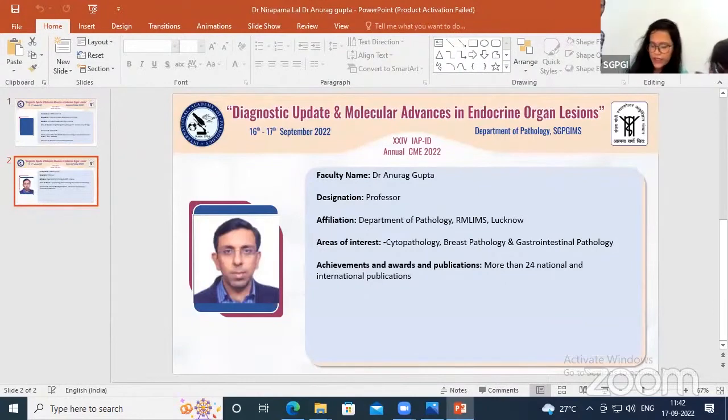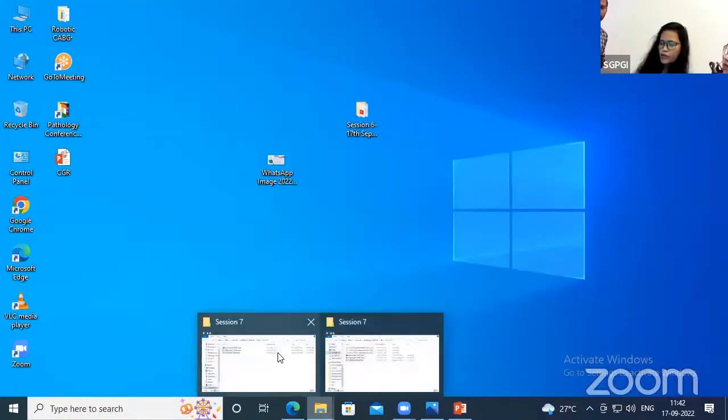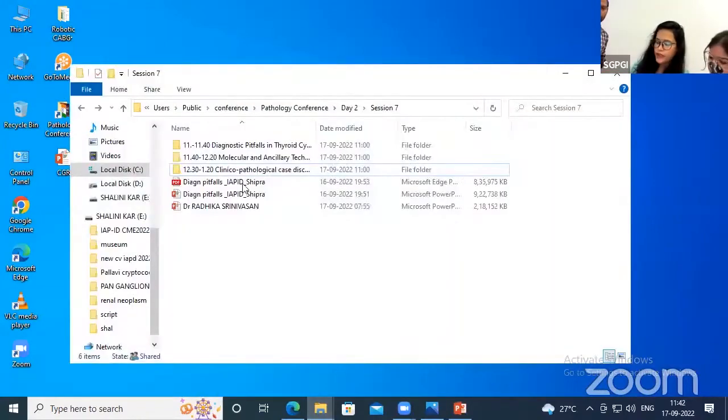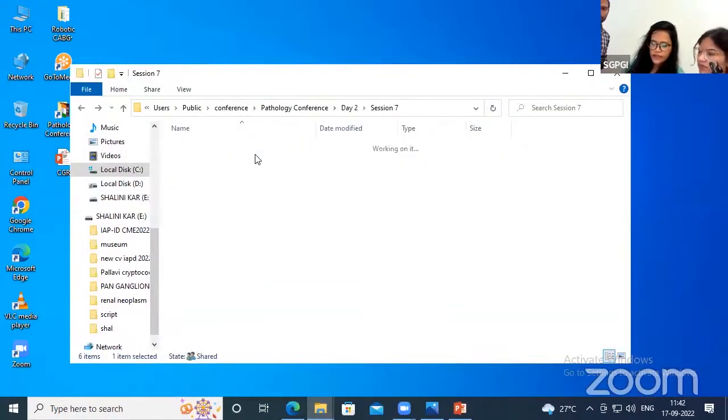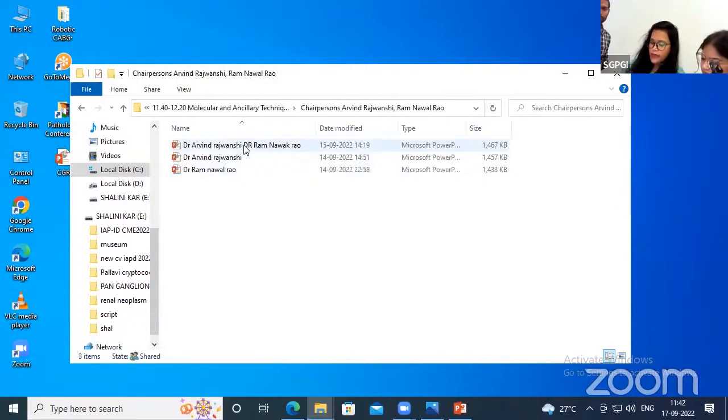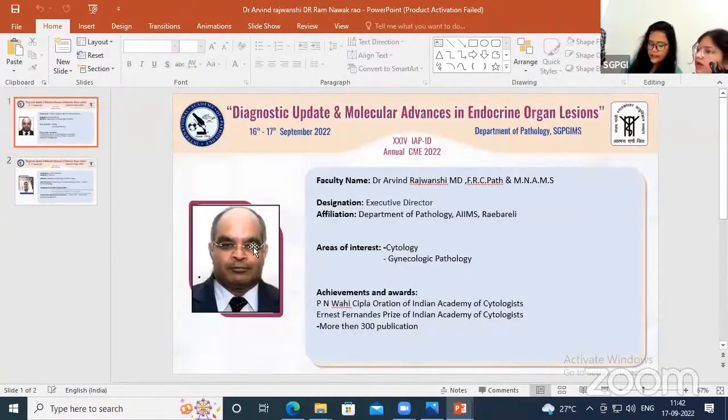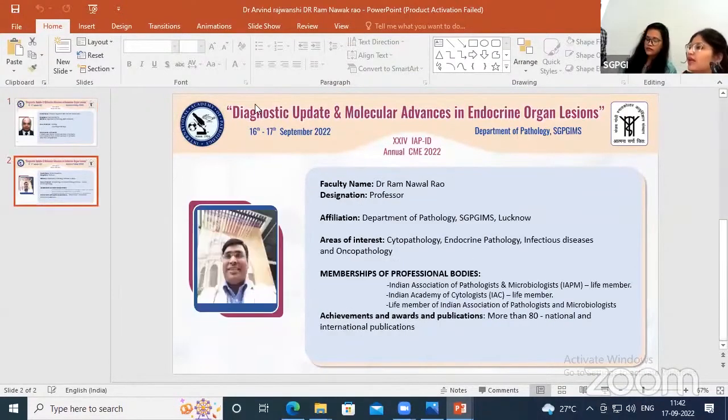Moving the session ahead, I am very delighted to invite our chairpersons of the talk entitled Molecular and Ancillary Techniques in Endocrine Organ Cytology: Professor Arvind Rajvanshi sir from the Department of Pathology, Executive Director of AIIMS Raebareli, and Professor Ramnath sir from the Department of Pathology, SGPGIMS, who has more than 80 national and international publications, to kindly come upon this dais.